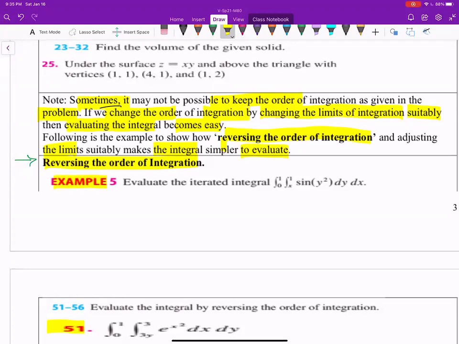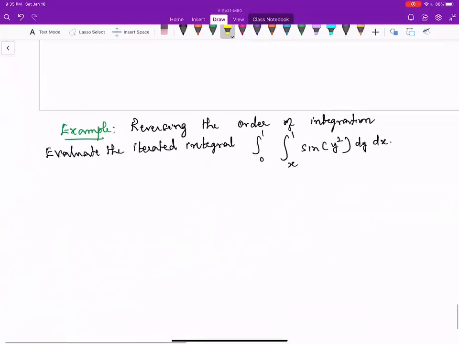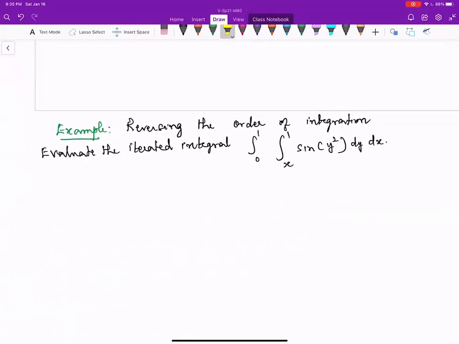Evaluate the iterated integral from 0 to 1, integral from x to 1, sine of y squared dy dx. If you look at this integral, the inner integral is with respect to y, then the outer integral is with respect to x.